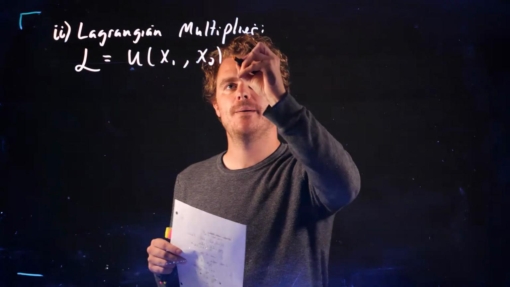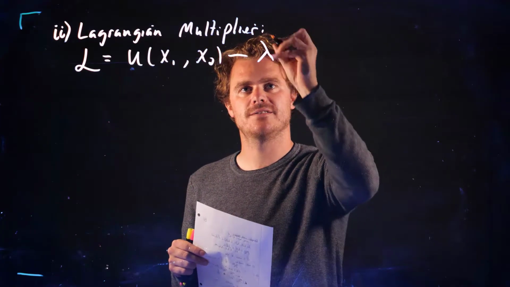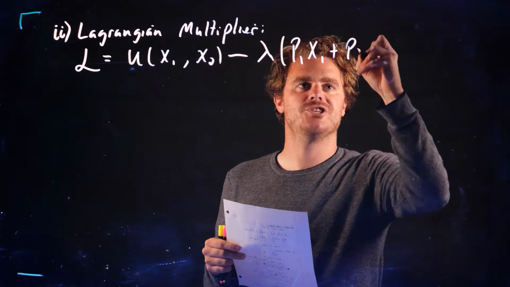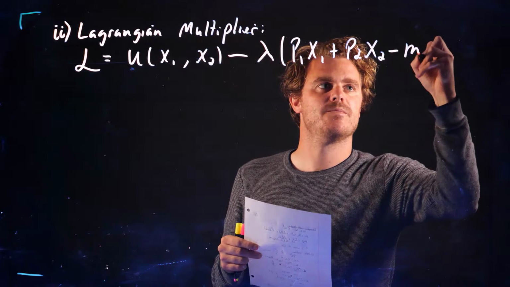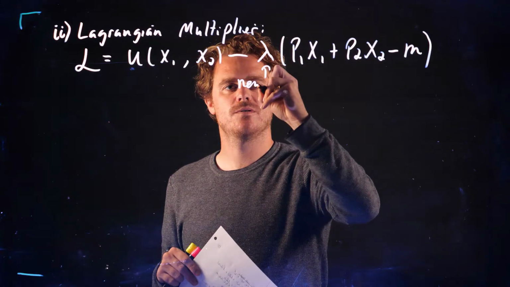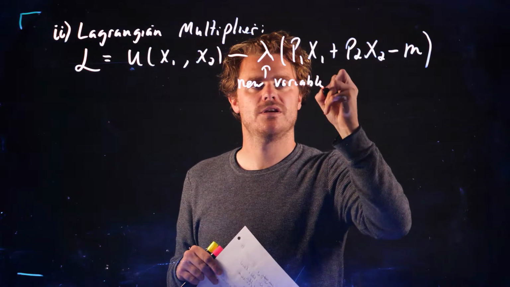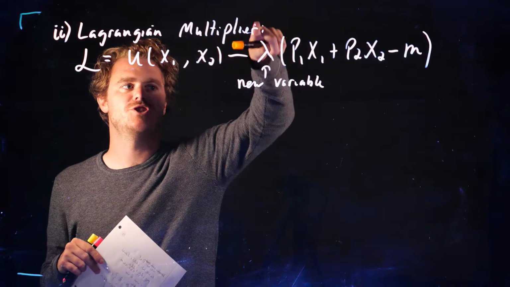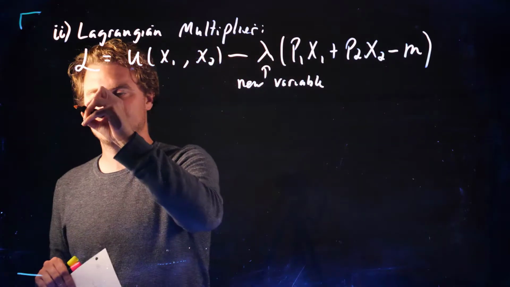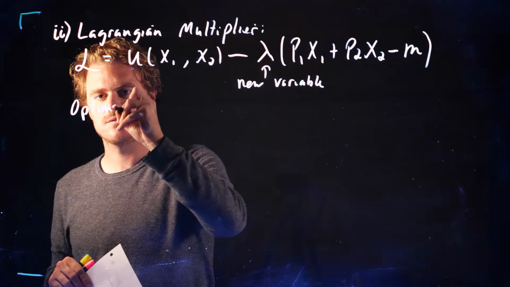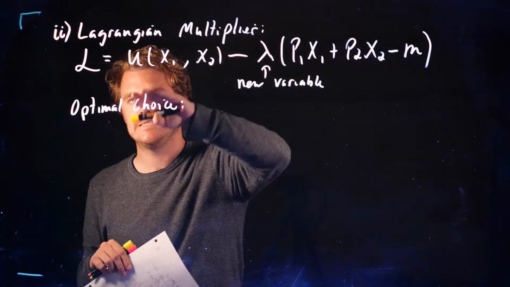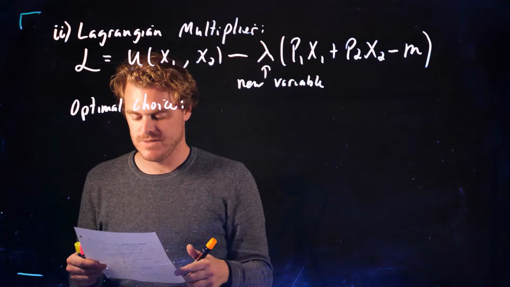utility function minus lambda, this is the symbol lambda, and then we have our budget constraint in here. So this is some kind of new variable, and this is what we refer to as the Lagrangian multiplier. Our optimal choice has to satisfy three equations, and they have to do with taking the derivatives of this Lagrangian equation.